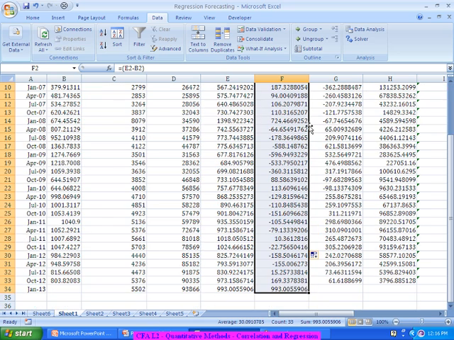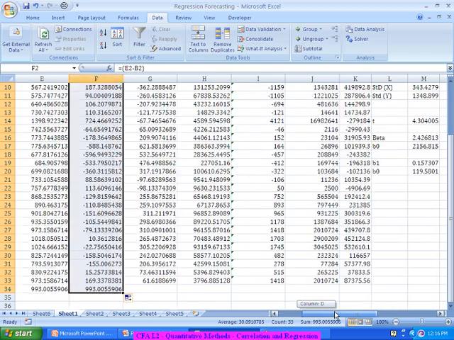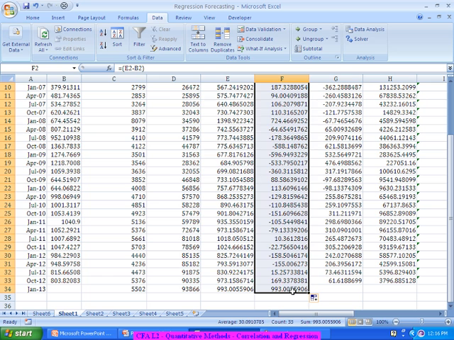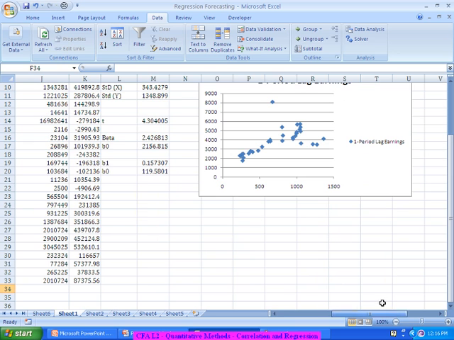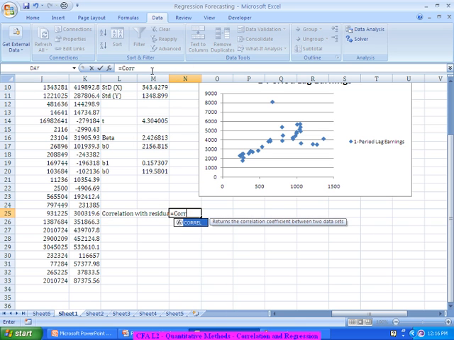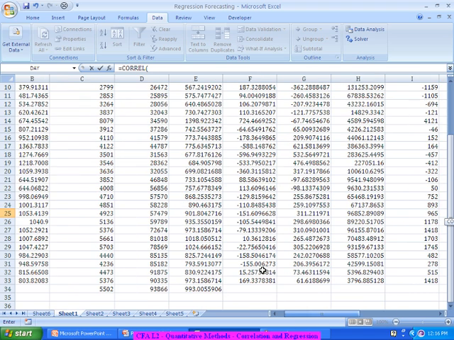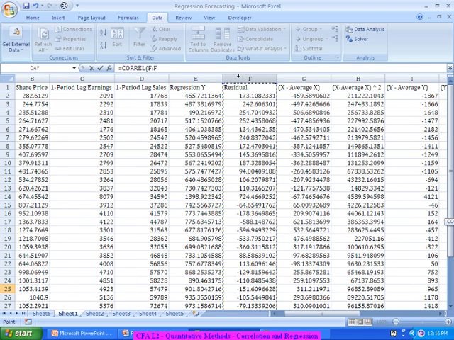I'll find the correlation between the actual independent variable, x, and the residual, between the residual and my independent variable.